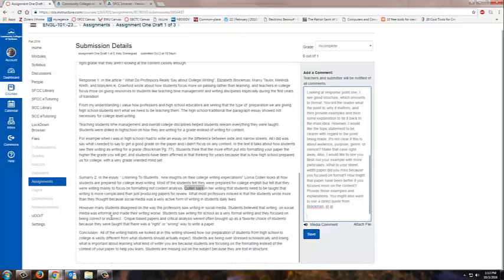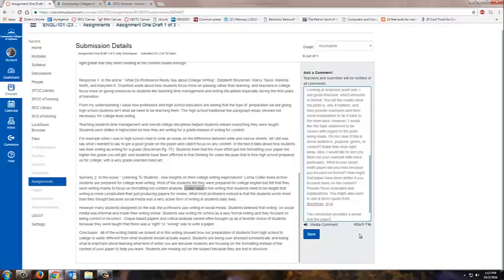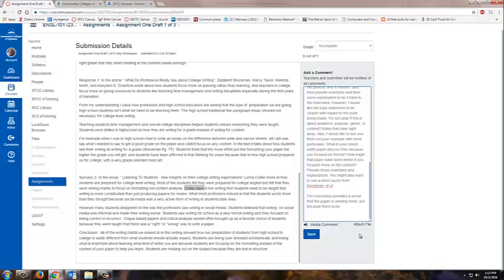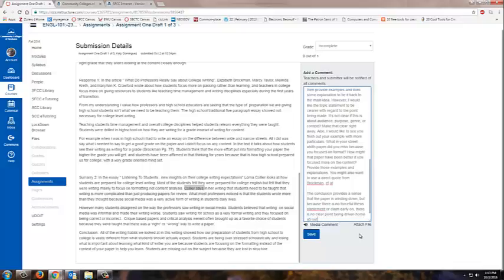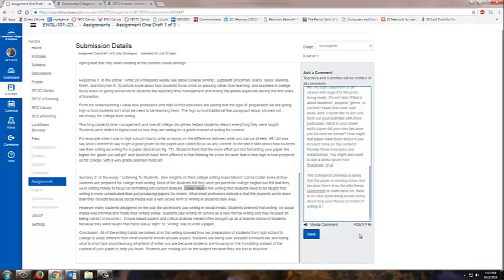And finally, the conclusion. Okay, the conclusion provides a sense that the paper is winding down, but because there is no forceful thesis statement or claim early on, there is no clear point being driven home about how your theory or model of writing is becoming clear to you, or how you might adapt your approach to writing.